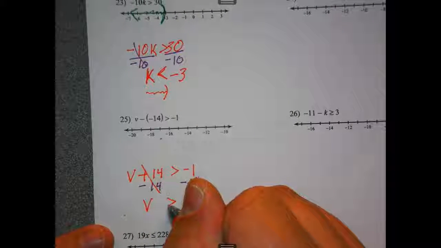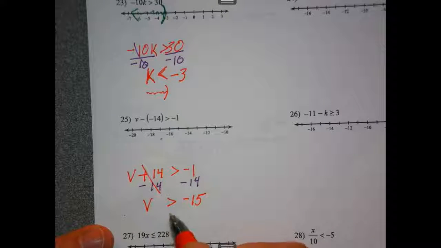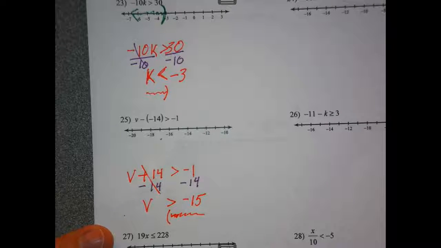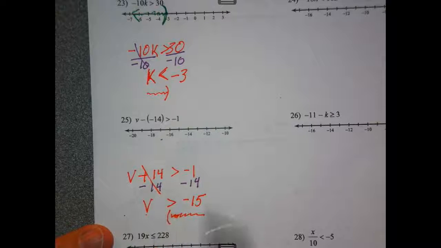B is greater than -15. It's going to be a parenthesis going that way towards the arrow. And I'm going to shade that to the right. So -15. Yes, as long as the variable's on the left-hand side. If it's on the right-hand side, it's a different story.